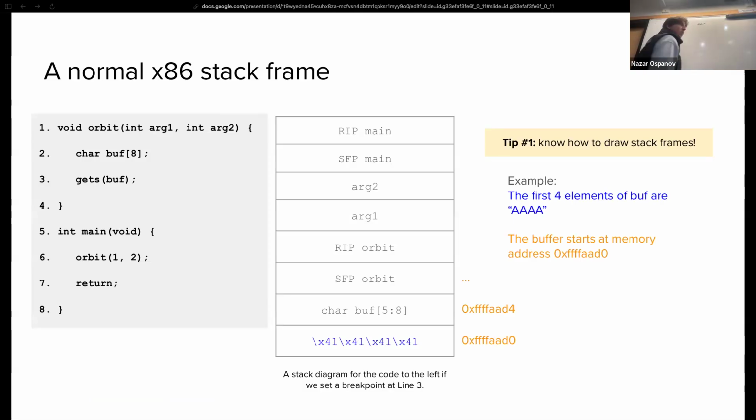Not to hate on x86, it's cool and all, but if we have arg1, arg2, and, well, let's simplify it with one argument, and then we have a buffer, some char buffer of 16. Does someone want to give me the first two or three items on the stack frame here?